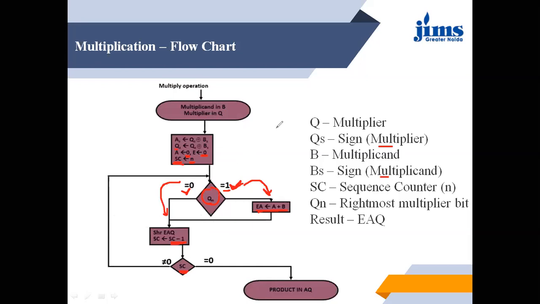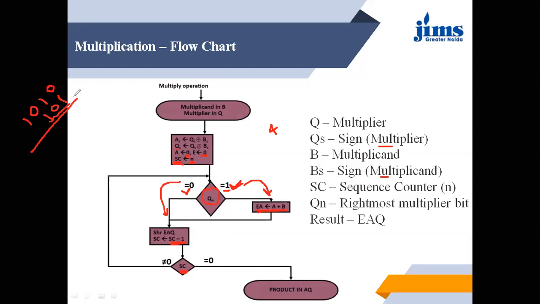So suppose initially I have a number 10101 and I want to multiply it with 101. Then the sequence counter contains n equals 3.